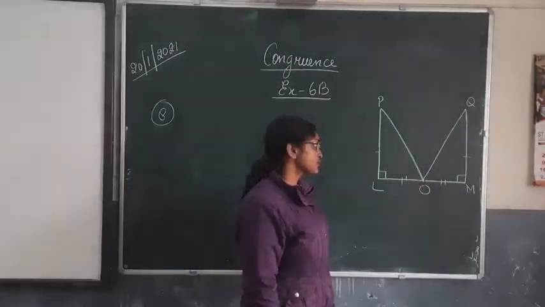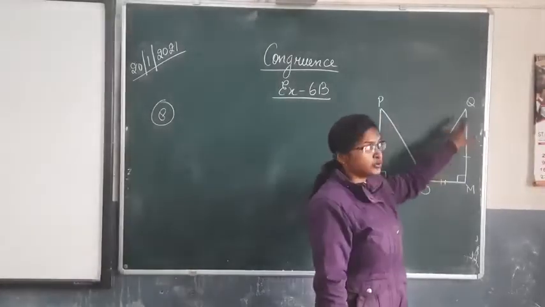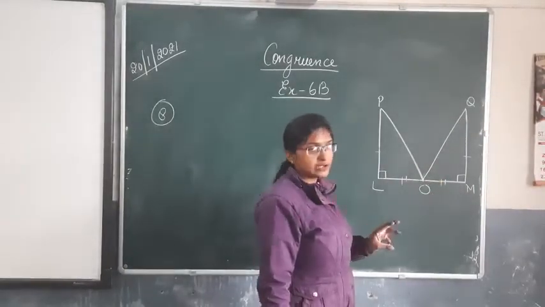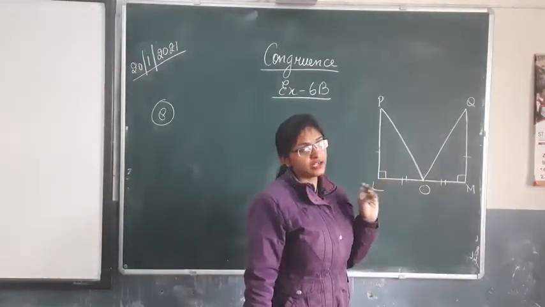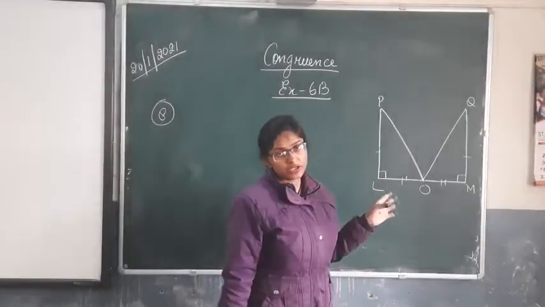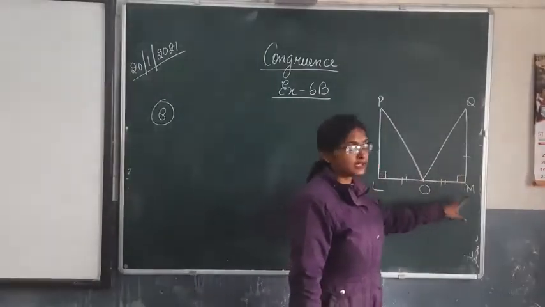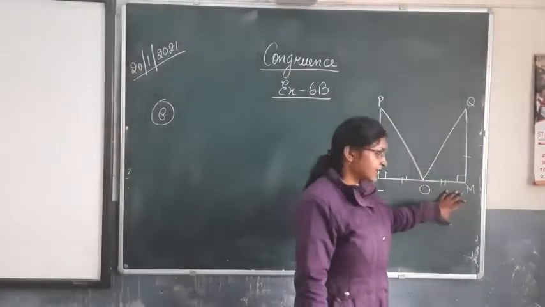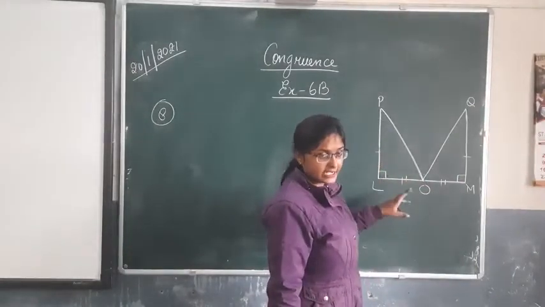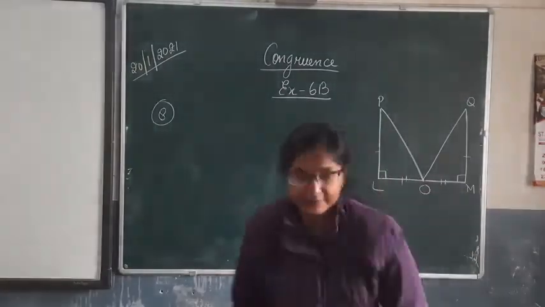So first of all, we will take triangle OPL and triangle OQM, and in these two triangles we will check whether any three sides, or any three angles, or two angles and a side are equal to each other or not. So here one side is equal to another side, one angle is equal to another angle, and one side is equal to another side. So by side angle side criteria, these two triangles will be congruent to each other.